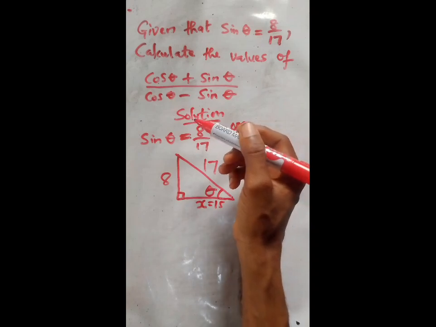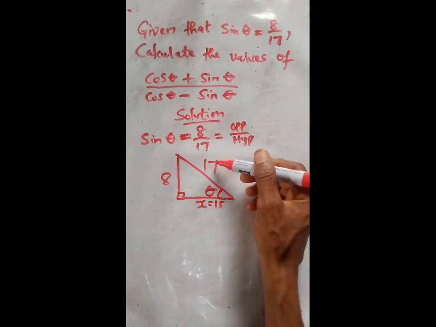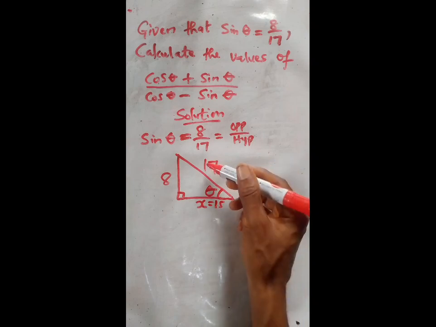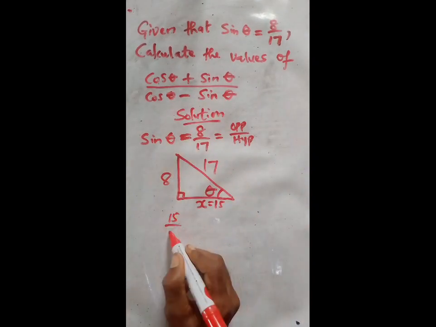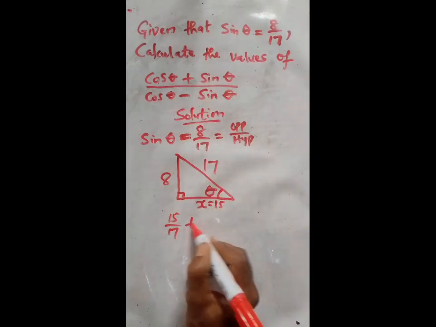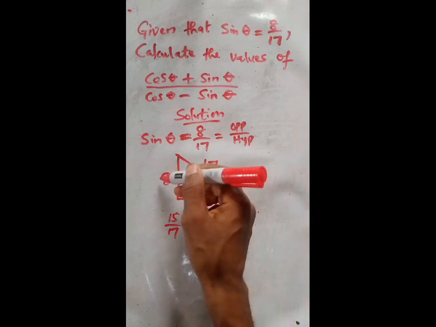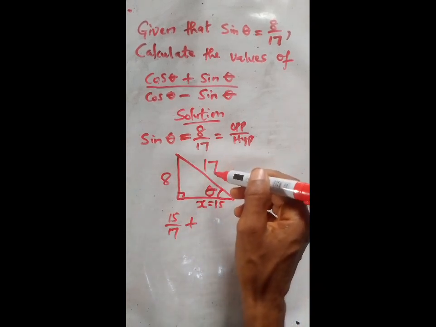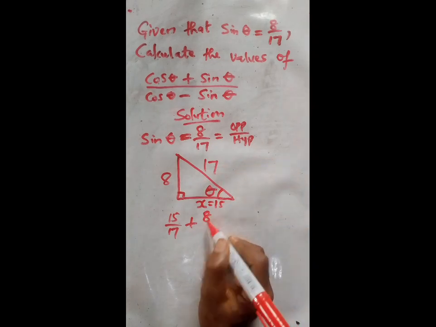Now, cos is what? Adjacent over hypotenuse, that is 15 over 17, plus sine. Sine is opposite over hypotenuse, that is 8 over 17.